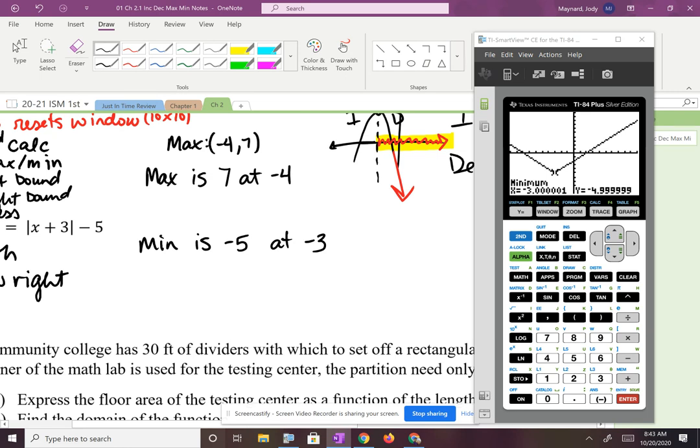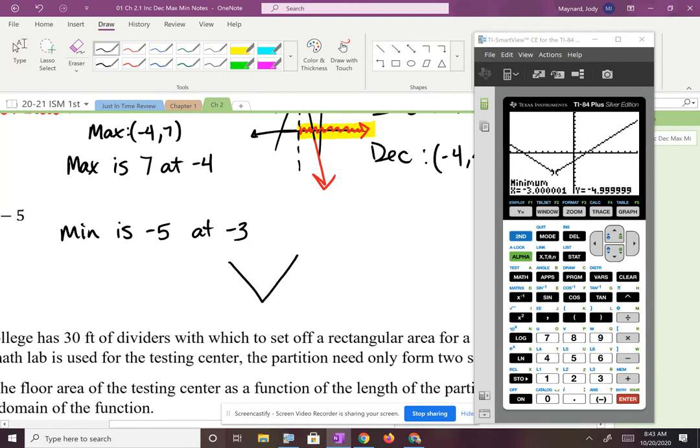All right. So now, if we look at this, there's my absolute value friend. I have this ordered pair -3, comma -5, right? And on this side, remember, ignore the arrows. You are going down from left to right. So this is decreasing. This side's increasing, right?